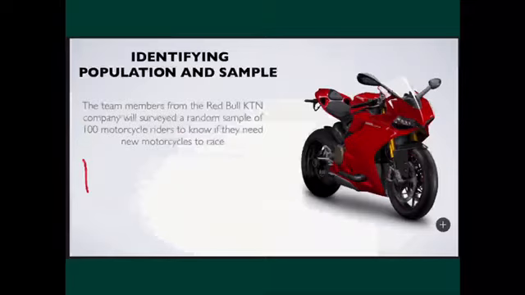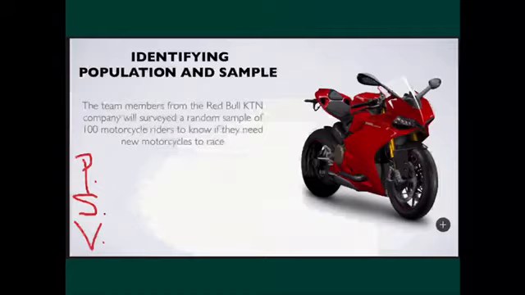Now the population right here, I want you to please try to find it. Let's reread it a little bit again. The team members from the Red Bull KTM company will survey a random sample of 100 motorcycle riders. Now, what is the population? These riders, where do they work? So the population here is motorcycle riders from the Red Bull.